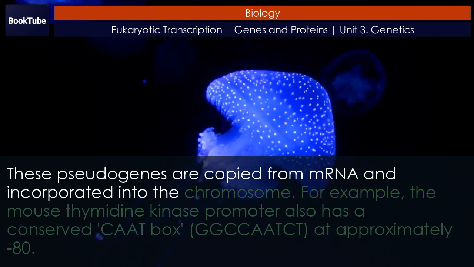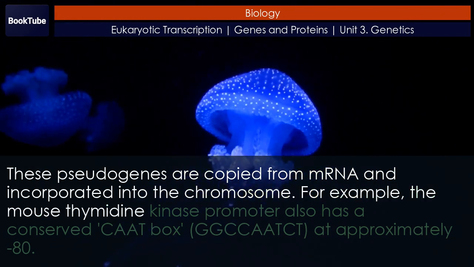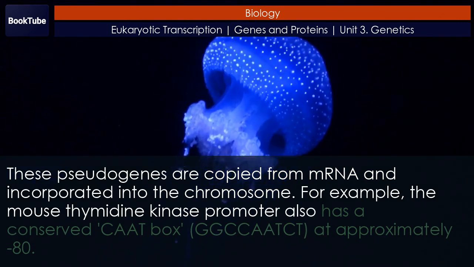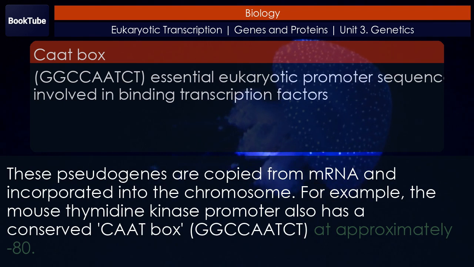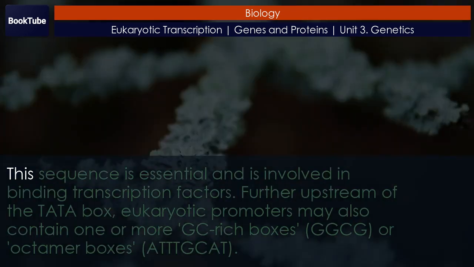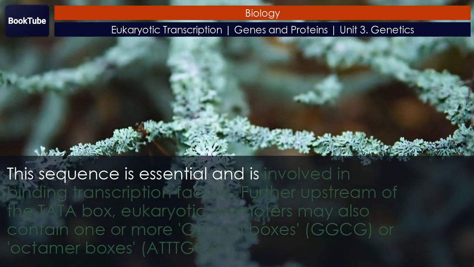For example, the mouse thymidine kinase promoter also has a conserved CAAT box, GGCCAATCT, at approximately -80. This sequence is essential and is involved in binding transcription factors.